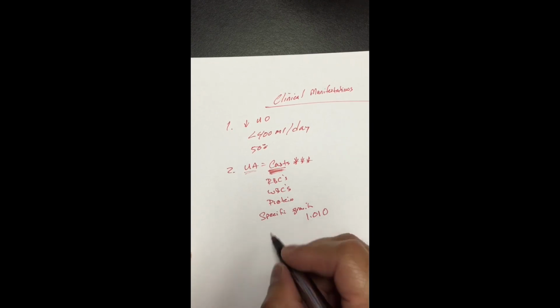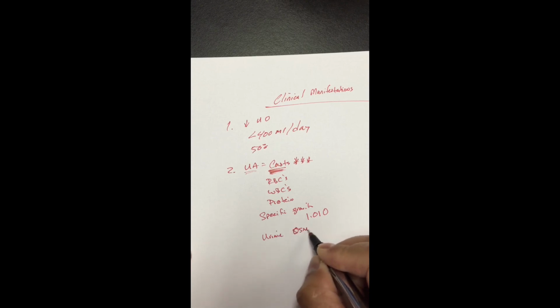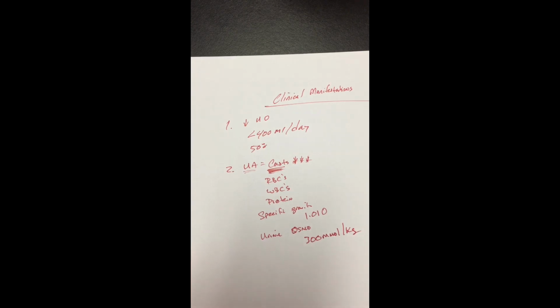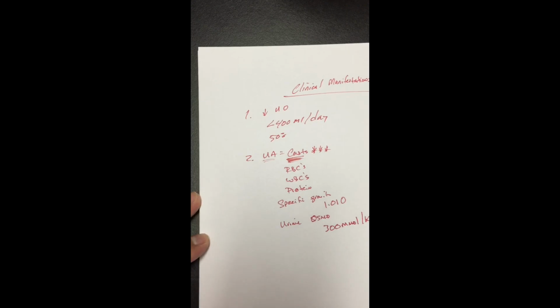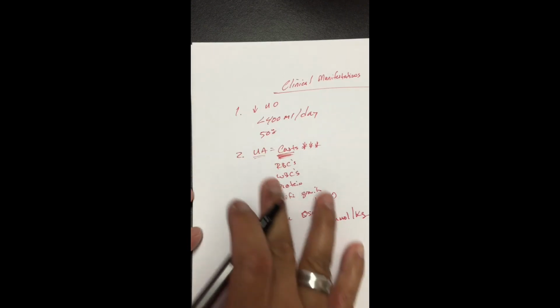If you do a urine osmolality, again, this is urine osmolality, it'll be 300 millimole per kilogram. So those are your findings in the UA.